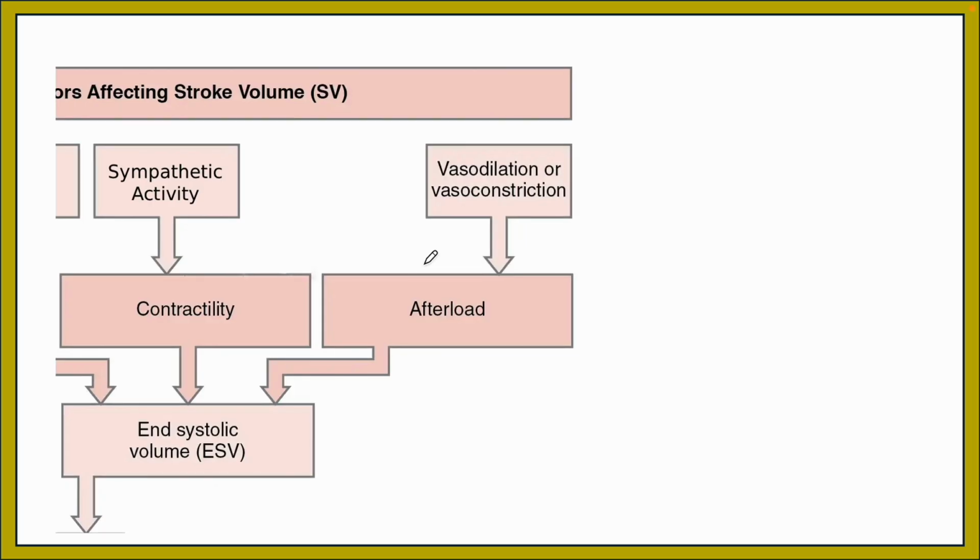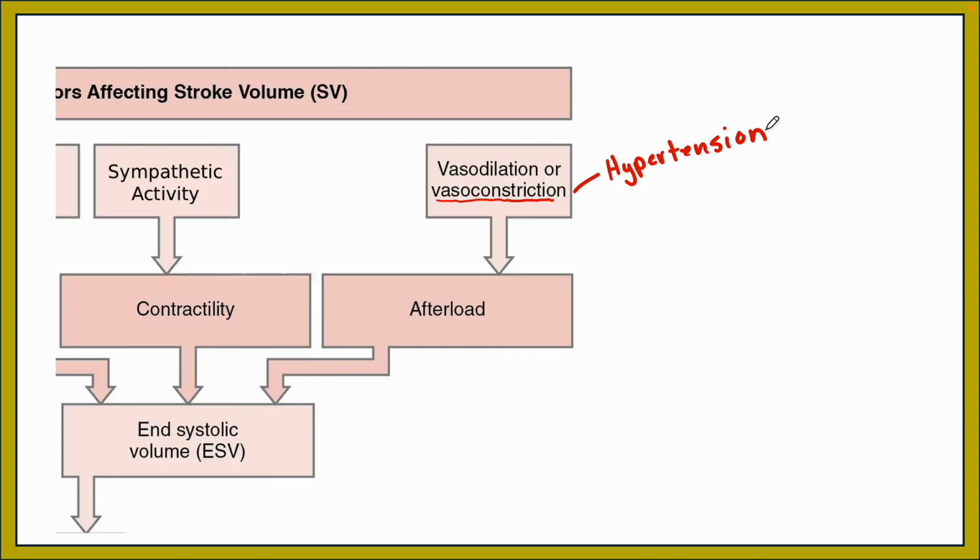And then vasodilation or vasoconstriction can affect afterload. The main concern here is actually going to be the vasoconstriction, which is going to occur when you have hypertension. So typically your blood pressure is going to be fairly stable in the aorta.